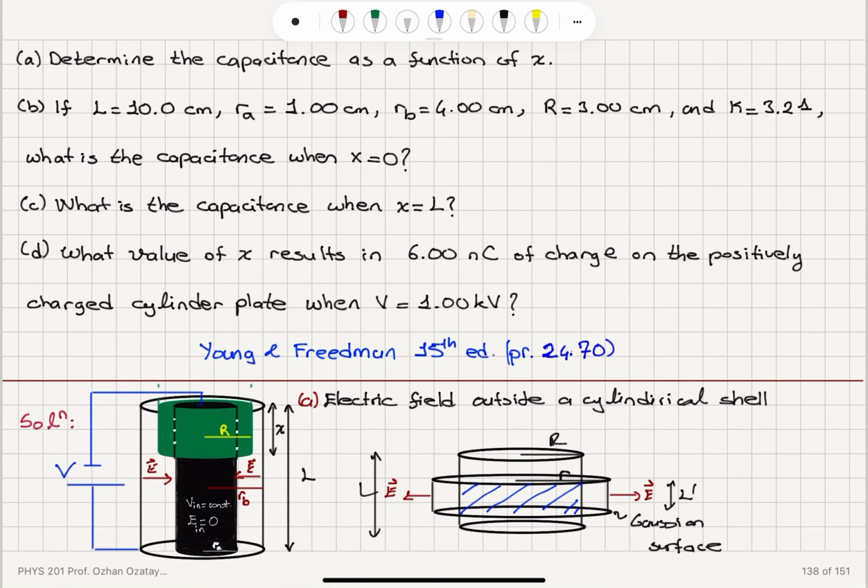Why? Because the two terminals of C equivalent 1 and C0 are the same. They're connected to the same potential difference.